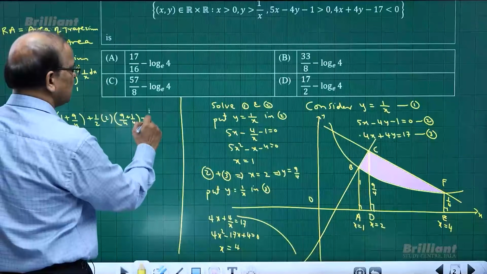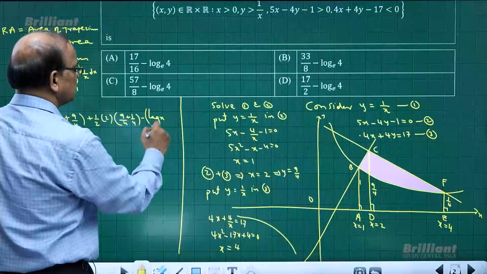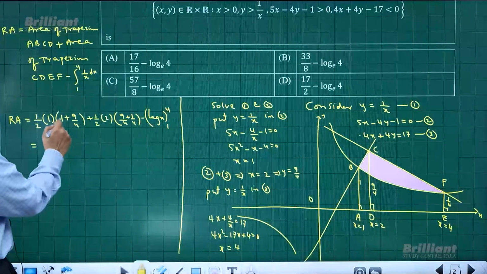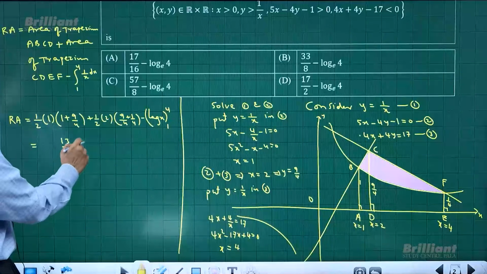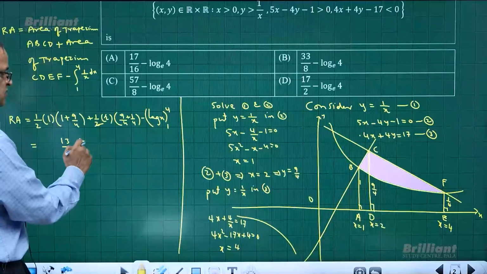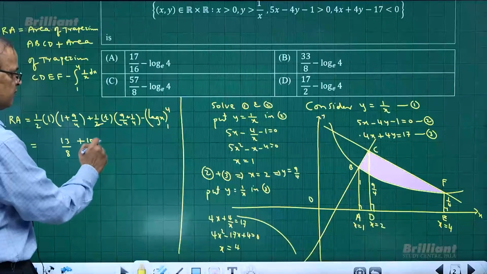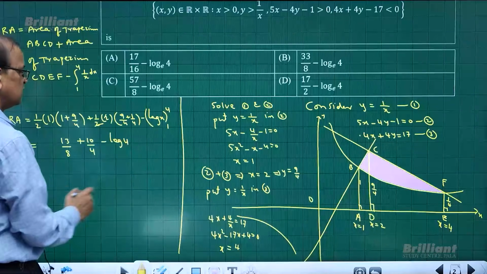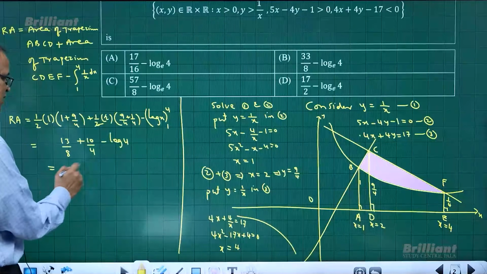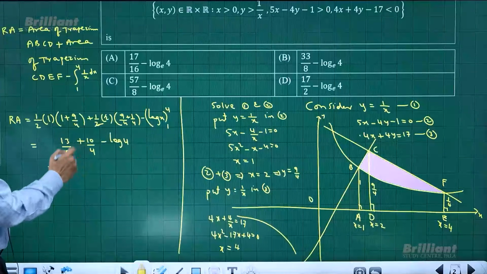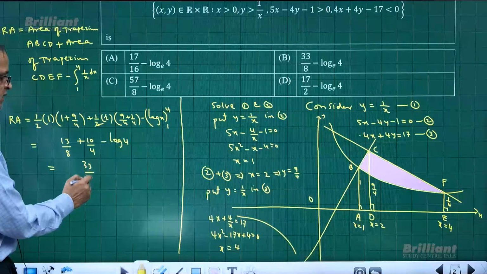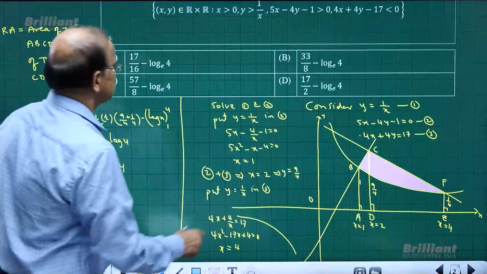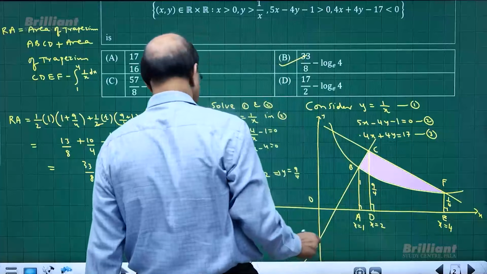This is log x, right, 1 to 4. So what is this? This is 13 by 8, 2 to cancel, plus 10 by 4 minus log 4. So this is 33 by 8 minus log 4, multiply by 2, 20 by 8, 20 plus 13, 33 by 8 minus log 4. So this is option B correct, right?